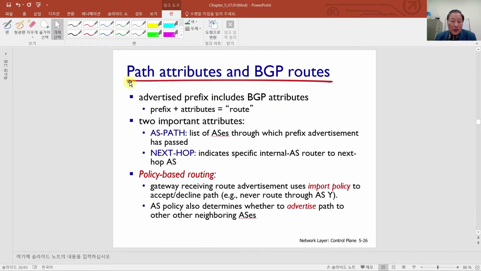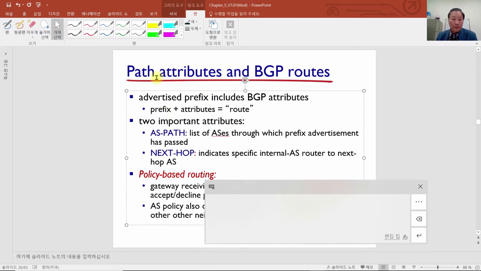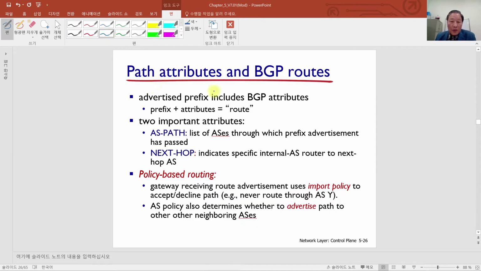And this one is also explained in the video clips I introduced already, and that video explained it. They also explained something related to this one. Okay, let's use this one. Path attributes and BGP route.